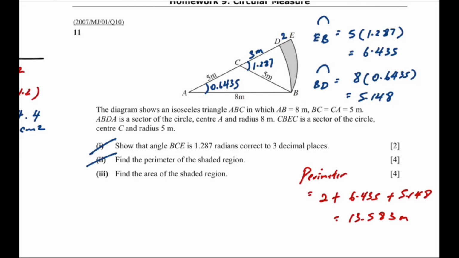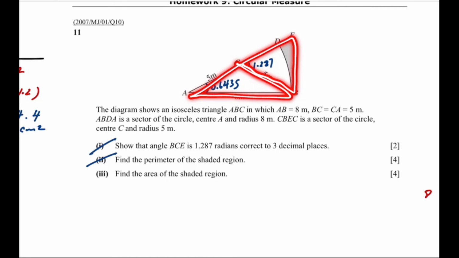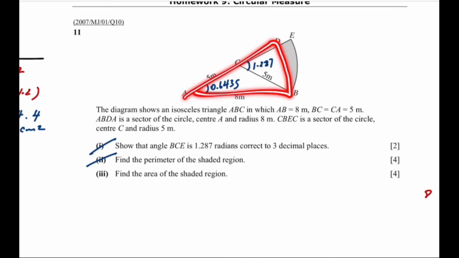That's the answer for the shaded region. Okay, now we have a look at the last one, the area of the shaded region. Area of shaded region. We have the area of this sector plus area of this triangle minus area of this sector. Okay, that will be the shaded region. More or less the same, right?